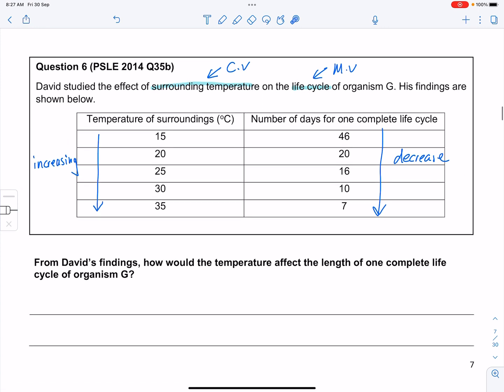So from David's finding, how would the temperature affect the length of one complete cycle of organism G?